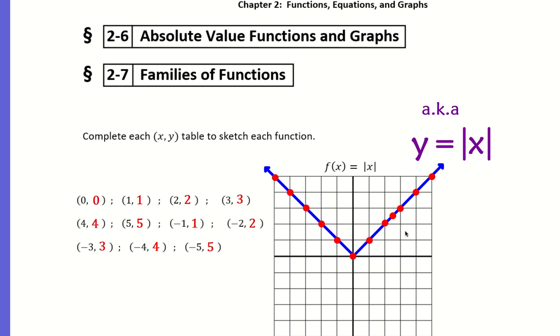So that is your parent function with its parent starter graph. You can compare all these other graphs back to the vertex, and how it opens up. The V is right side up, and the slopes are basically 1, or -1 technically.